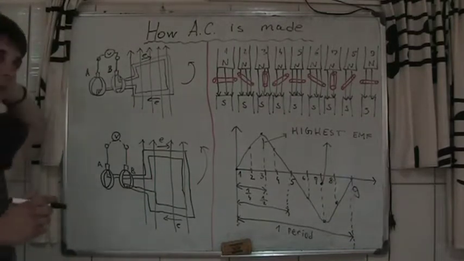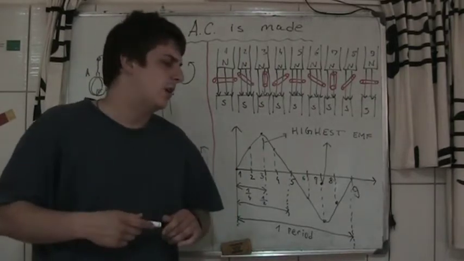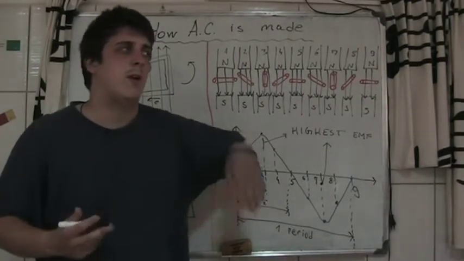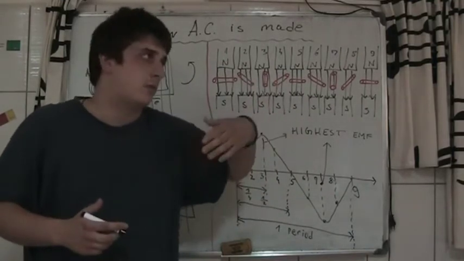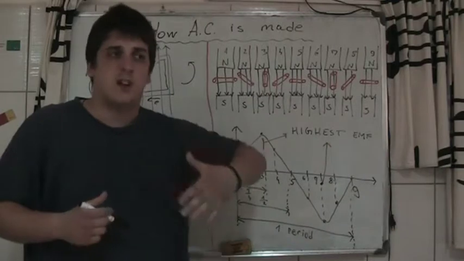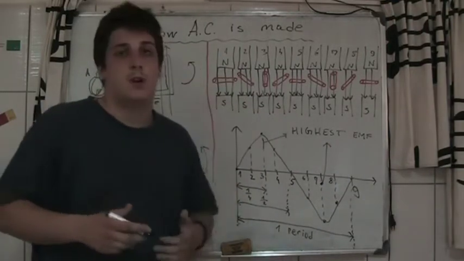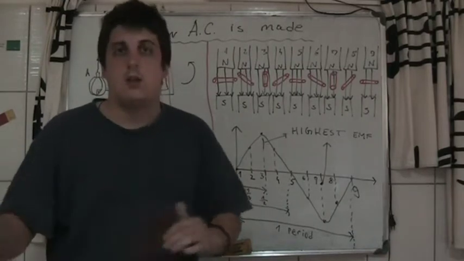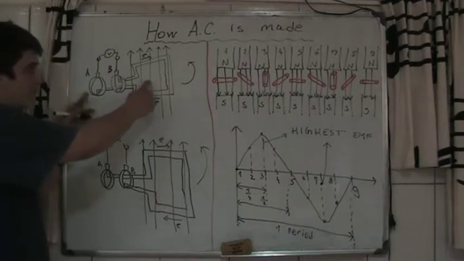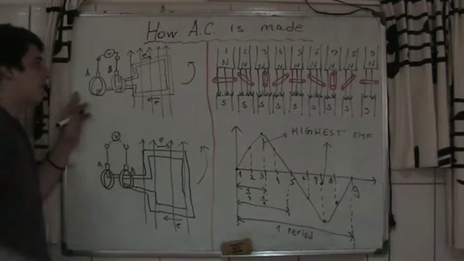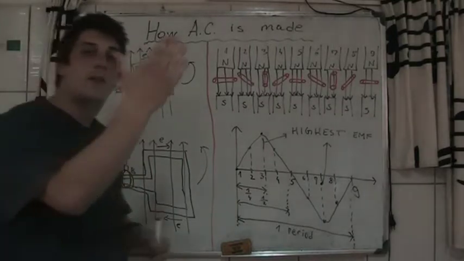If you didn't watch my previous lecture where I taught you what the induced EMF, the induced voltage, and the direction of that EMF are, I prefer that you go back and see that lecture. So this conductor is going to spin around, and we use the right hand rule.